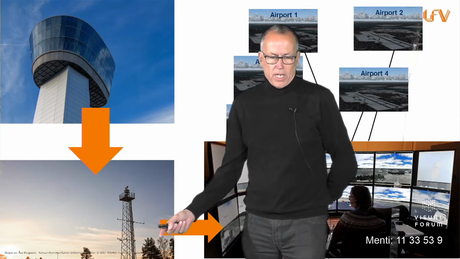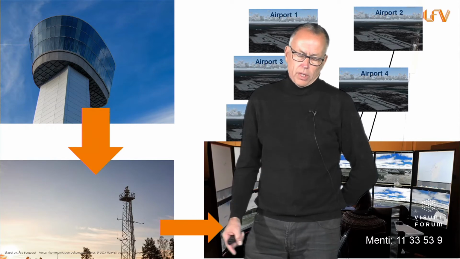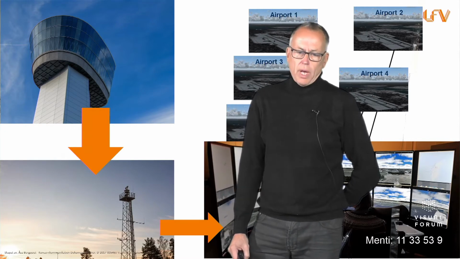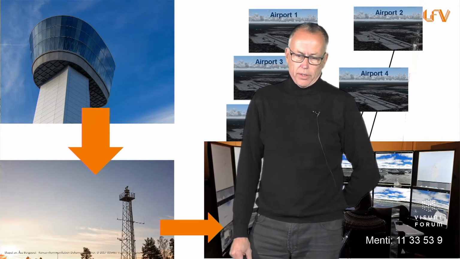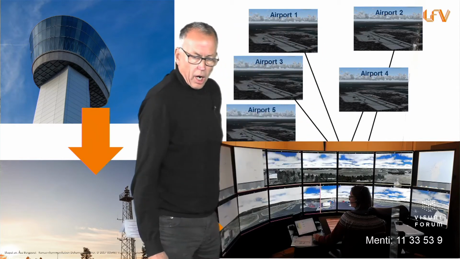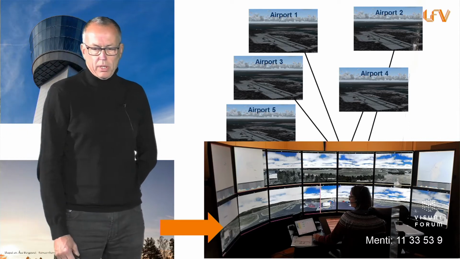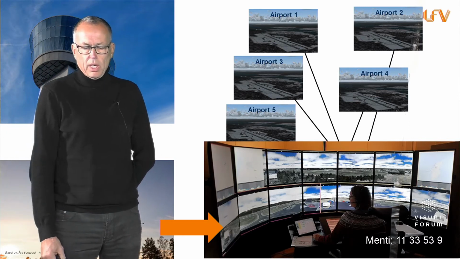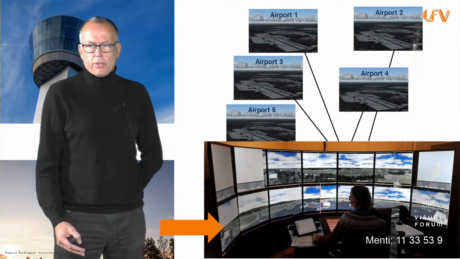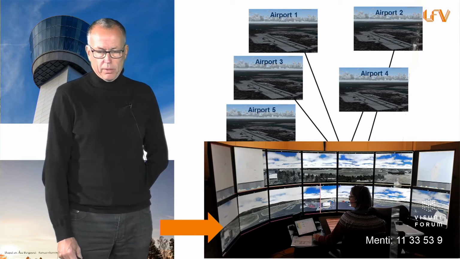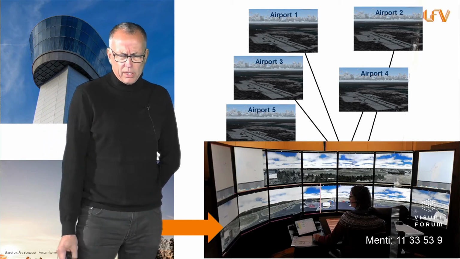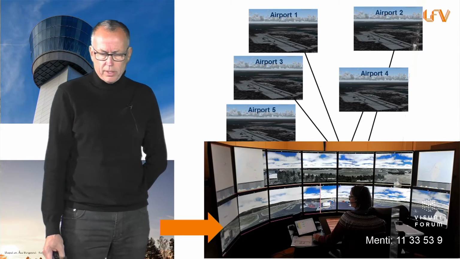And the information collected here by sensors, like cameras, IR, LIDAR, radar, and so on, is transformed into an operational working position. You can see it like this. And you can connect many airports to one of these positions. In this case, we have 3 airports connected.